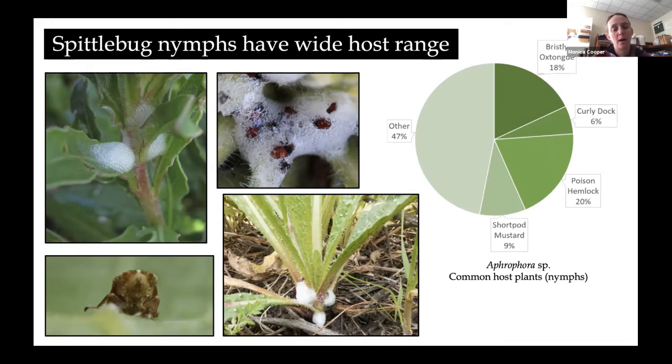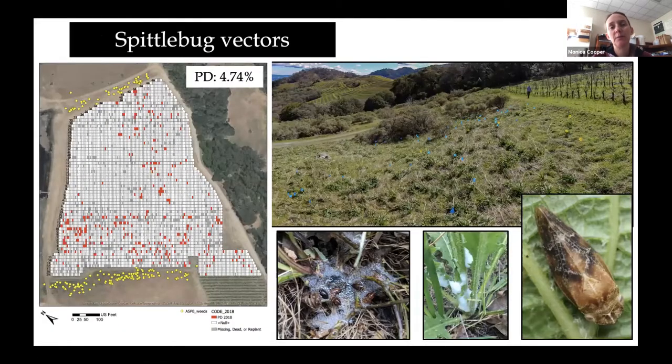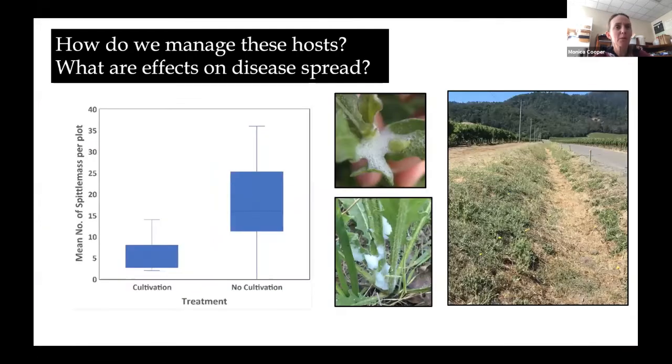And so trying to reduce them as a host can be a little bit more challenging, particularly when you're working in a hillside vineyard and you need to maintain by regulation some sort of ground cover. So that's the biggest challenge that we have with the Aphrophora spittlebug host management. What we did find is that cultivation was a good way of reducing those meadow spittlebug hosts.